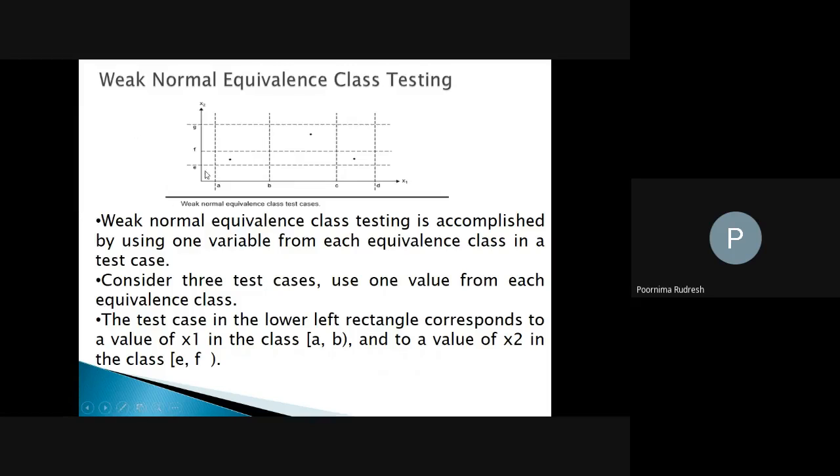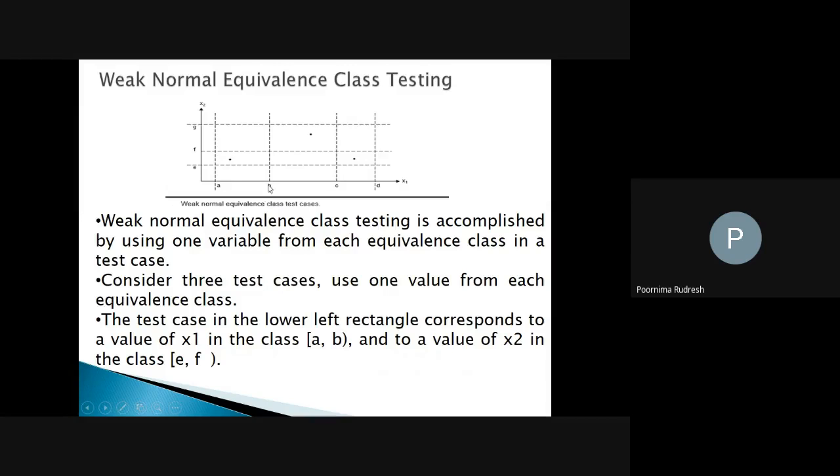The test case in the lower left rectangle corresponds to the value of x1 in the class A and B. Why is it represented with a square bracket, starting with a square bracket, comma, A, comma, B, open parenthesis? The square bracket indicates a closed value, and B indicates that it is open.